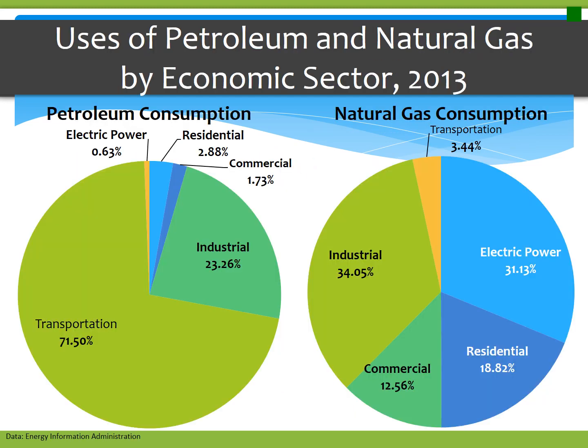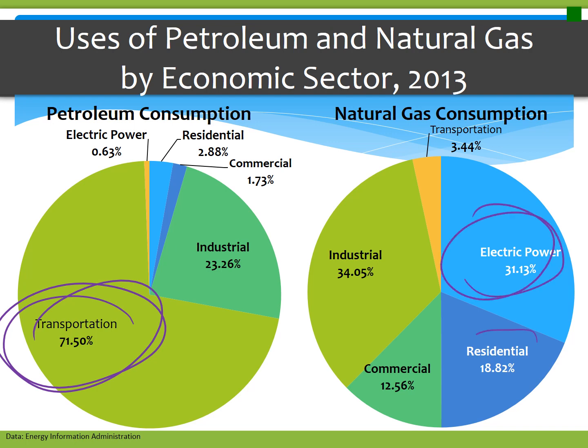All right, so let's look at the uses for petroleum versus natural gas. Remember, petroleum we think of as oil, that crude oil. So where do we notice it for petroleum? The vast majority is through transportation. When you look at natural gas, we've got power, residential, very little transportation, and industrial use. Mostly natural gas is used in your house to heat it up and to turn on your lights.